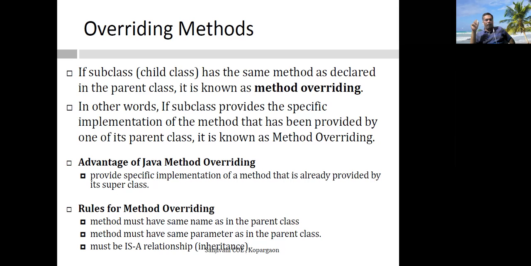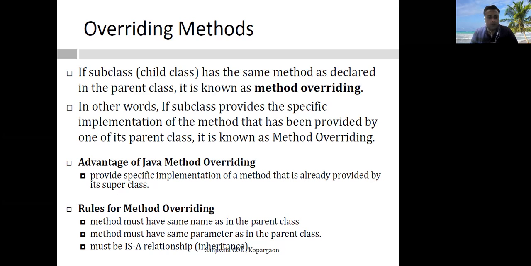Java supports runtime polymorphism through method overriding. The advantage is that it provides a specific implementation of a method that is already provided by its superclass.